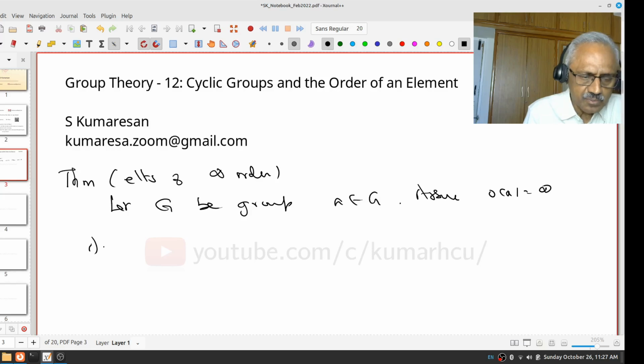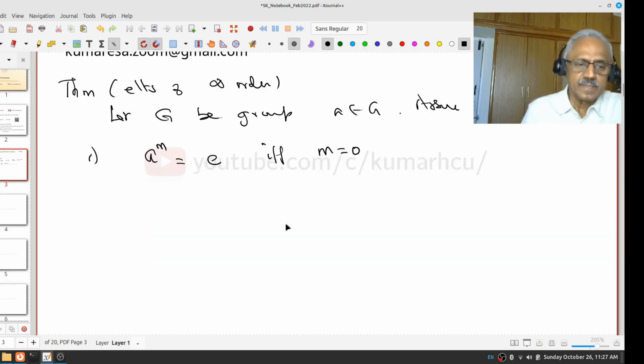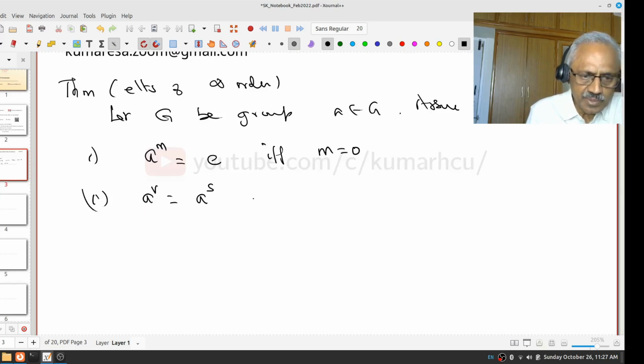Then what is the first thing? The first thing you want to say is a to the power m equals identity if and only if m is 0. And second, a to the power r equals a to the power s if and only if r equals s.